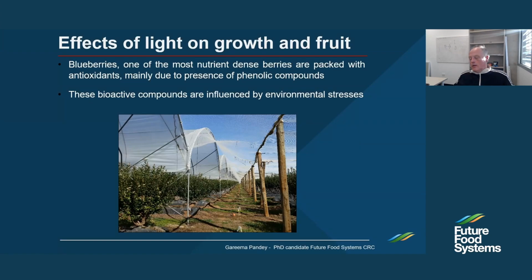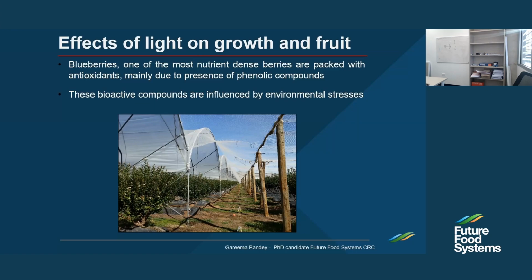So in the next few slides, we are going to talk about how the spectral quality and intensity from the covers enhances or impacts the blueberry fruits and the leaves, all the growth parameters. The increasing awareness of health benefits has provided impetus for healthy eating, which among other options has included a higher intake of fruits and vegetables.